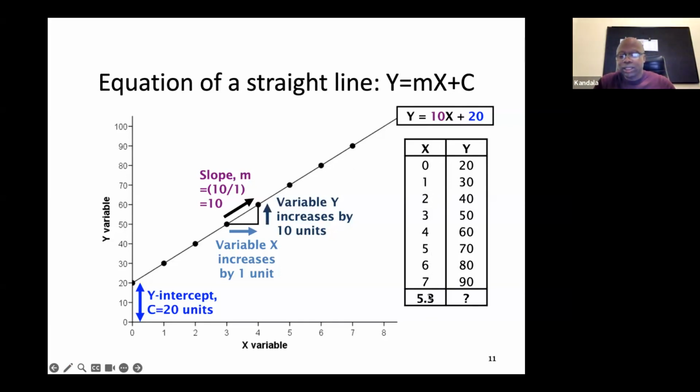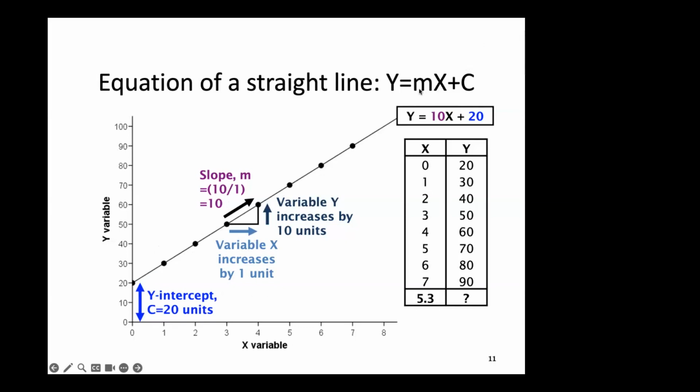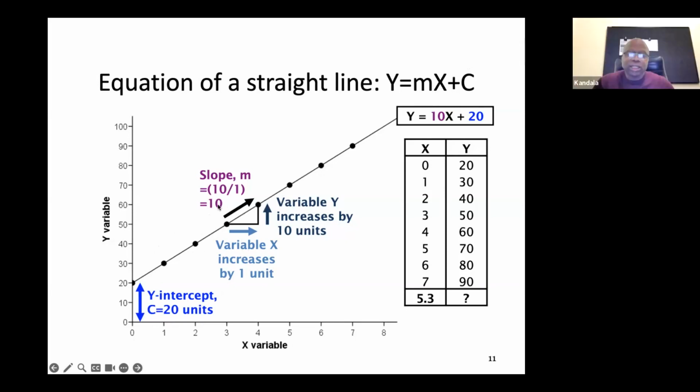And the other thing is that, with the observed value of x, we are able to predict the y. This is also the added value of the regression technique. We also know the speed at which the slope increases, that is the m here. In this case, it's by 10 units.